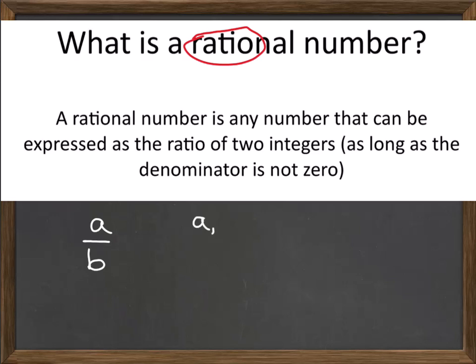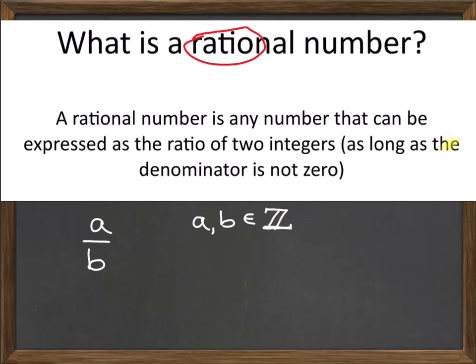So we would say A and B. The way we would read this is that A and B are both integers. This cute little Z represents the set of all integers. So as long as I can write a number as A divided by B, where A and B are both integers, then I'm good.